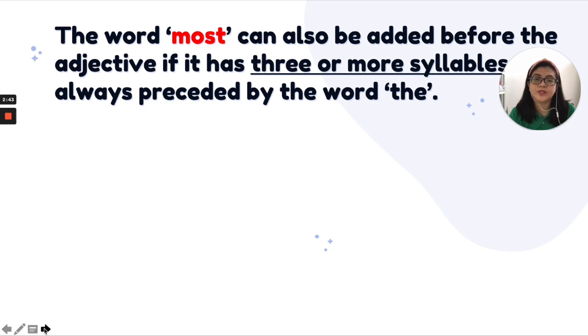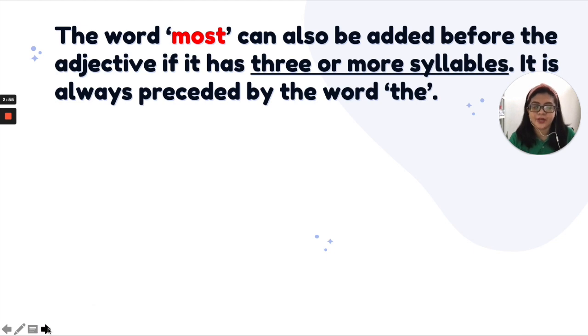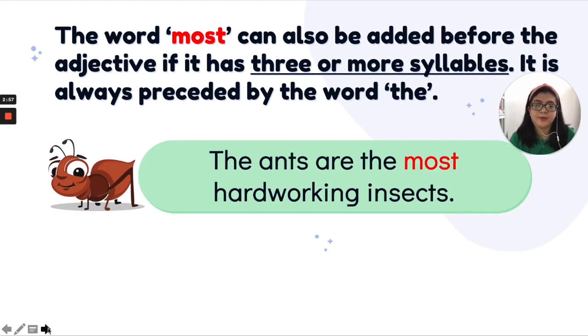Now, the word most can also be added before the adjective if it has three or more syllables. It is always preceded by the word the. What do I mean? For example, your adjective here is hardworking. Before the word most, you have to add the word the.